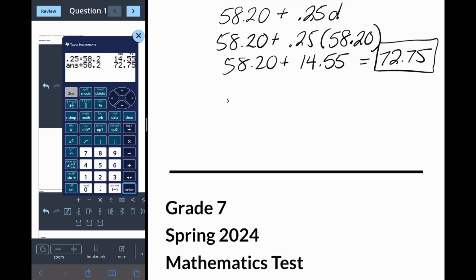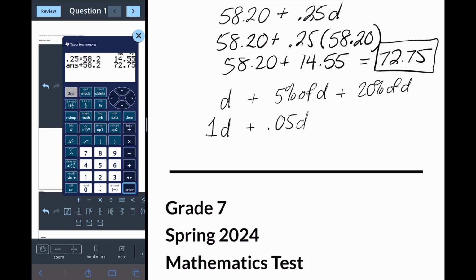We have the cost for dinner, D, plus our tax, which is 5% of D, plus our tip of 20% of the dinner D. So watch this. Our dinner is right there. D is just 100%. So 1D for 100% plus 5% of the dinner plus 20% of the dinner.